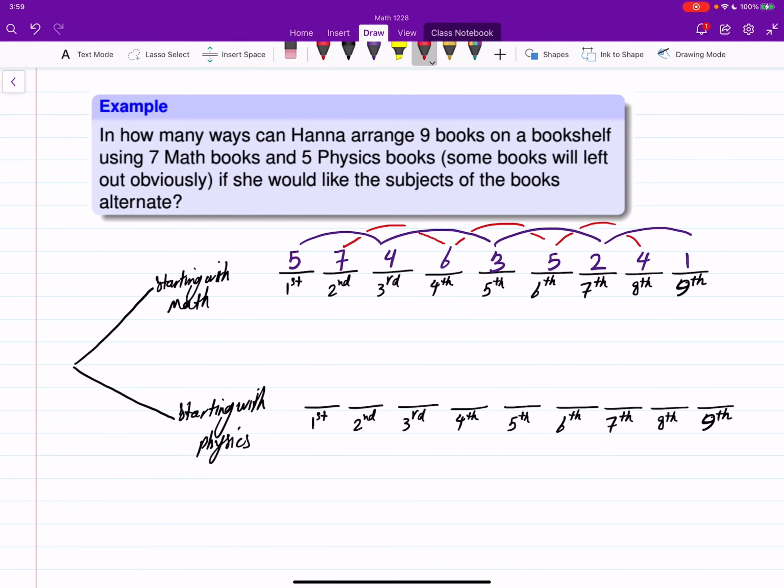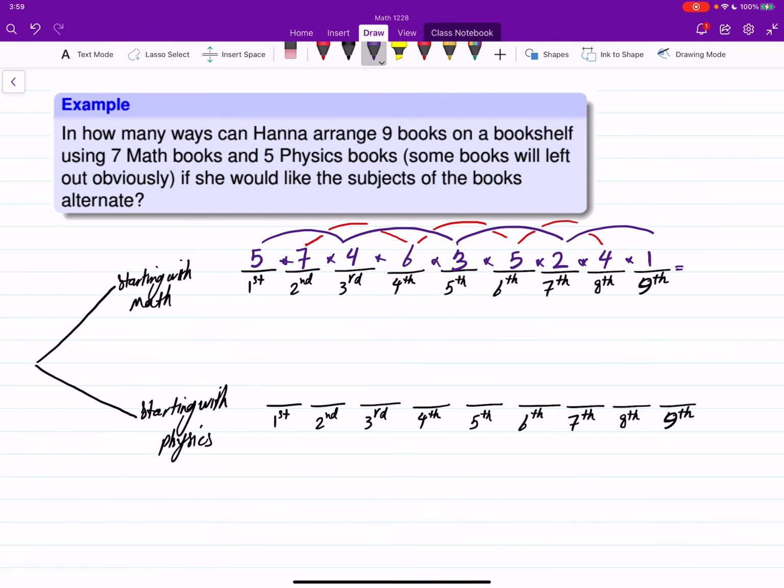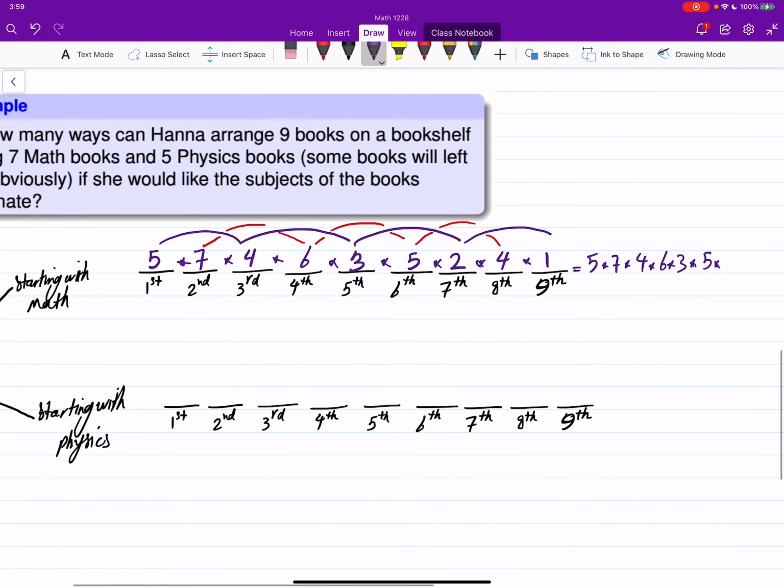Okay, that's nice. Now you're doing the fundamental counting principle. You have to multiply all those numbers. Well, this is a big number and I'm not going to compute that, so I will just write 5 times 7 times 4 times 6 times 3 times 5 times 2 times 4 times 1.